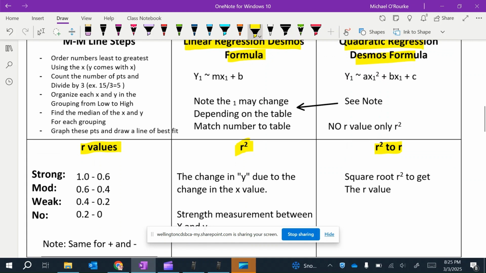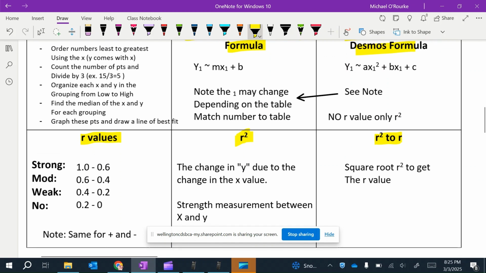You might want to pause the screen right now and copy this down so you know what's going on here. This is where I said -1 to -0.6 is this. These are the positive, and this is for a negative line. So it's the same for positive and negative. If you want to pause it there and write these down, you can rejoin me on the other side. I'm going to have a sip of my drink.